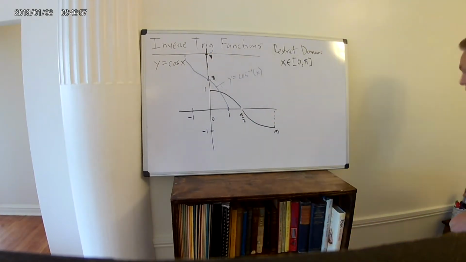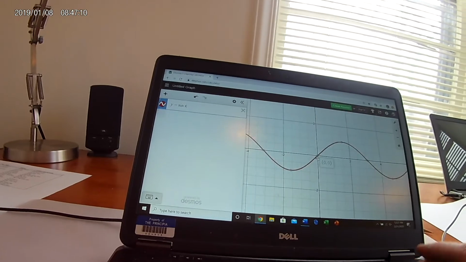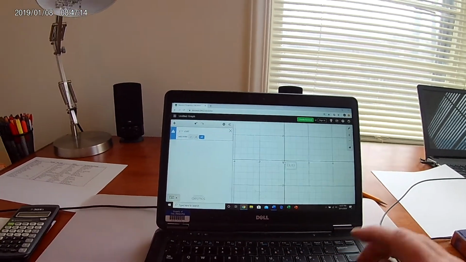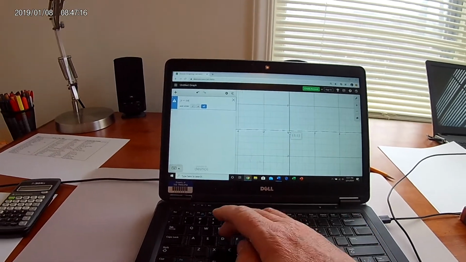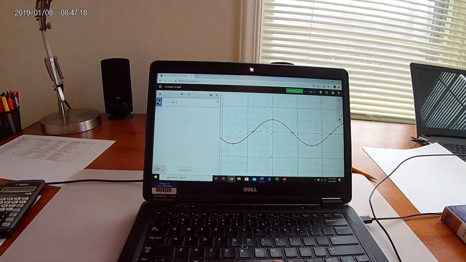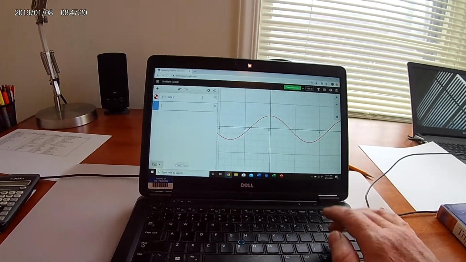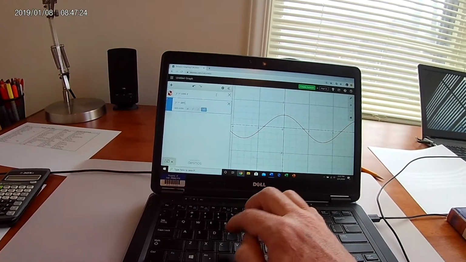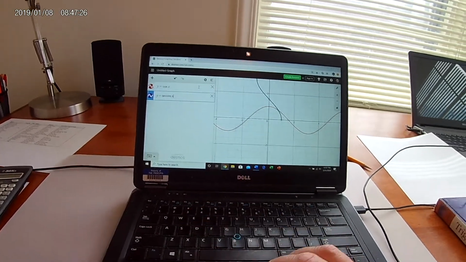Let's again go over to my laptop and let's look at this in Desmos so we can get a better graph of what's going on. Okay, so I'm going to erase all of this. We're going to do cosine of x. That's cosine of x. Okay, and then we're going to do y equals arc cosine of x, and that's what we get.